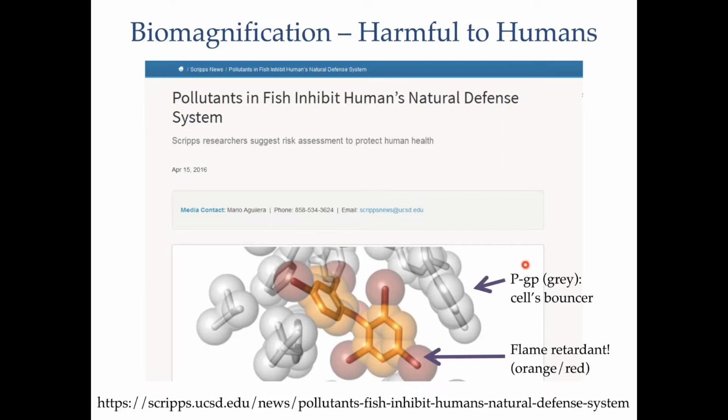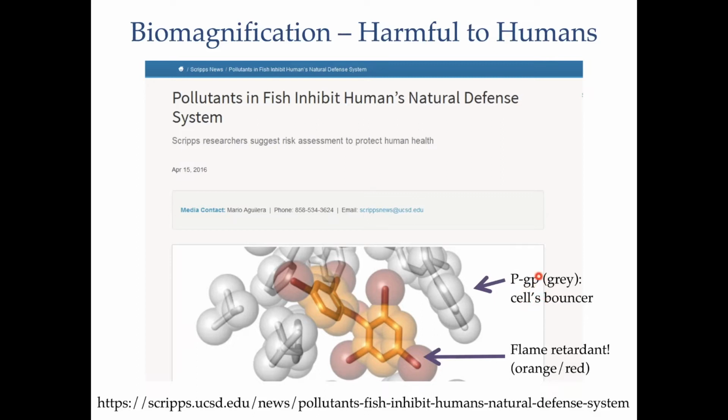But basically this protein here, PGP, occurs naturally in the cells of most animals and most organisms, plants as well, and in humans as well. And this protein is very well known to protect our cells because it removes all the toxins that are trying to enter the cells.